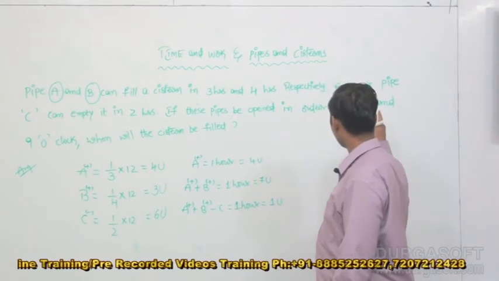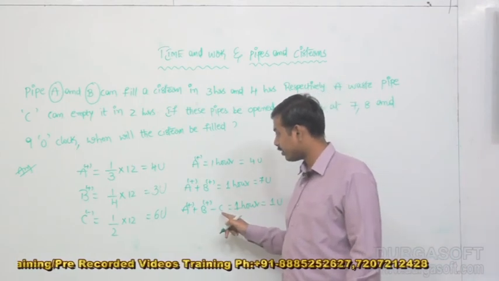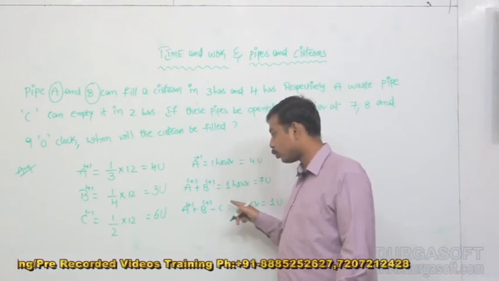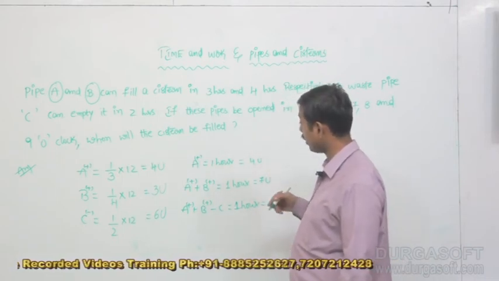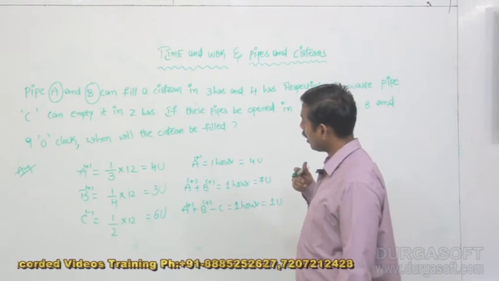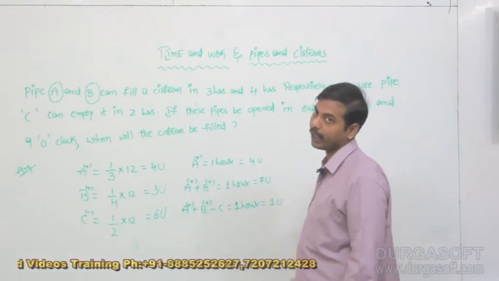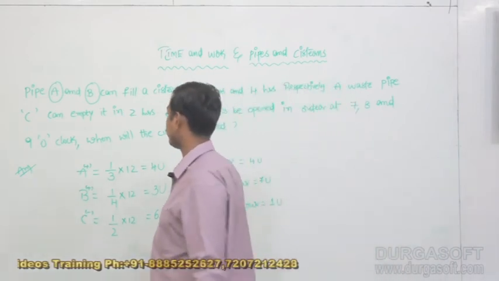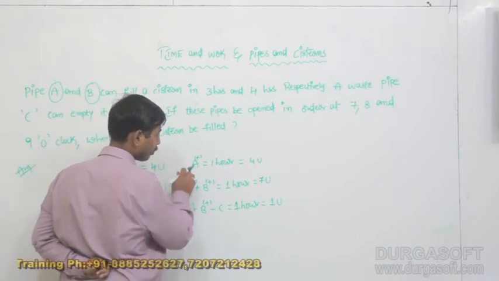That 1 unit of water is filled into the tank because of these three pipes working together at 9 o'clock. At what time will these three pipes complete the task?